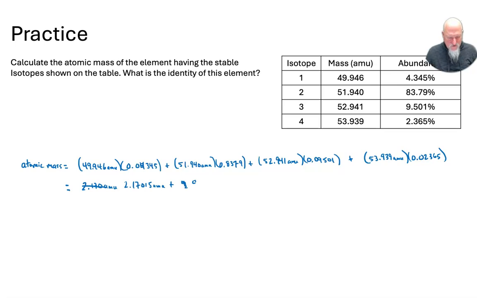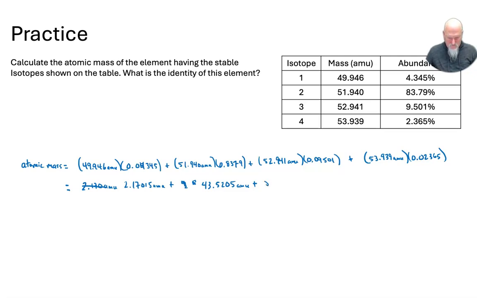Why does it keep doing that? 43.5205 AMU, plus our third isotope, 52.941 times 0.09501.